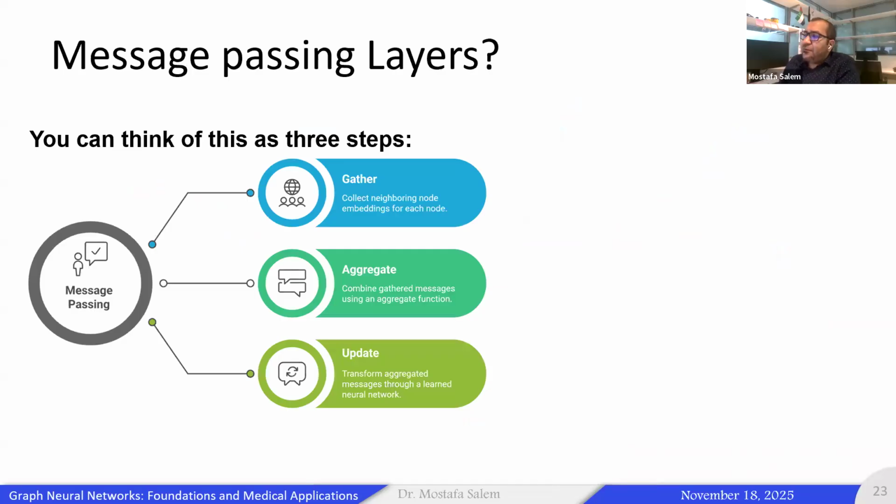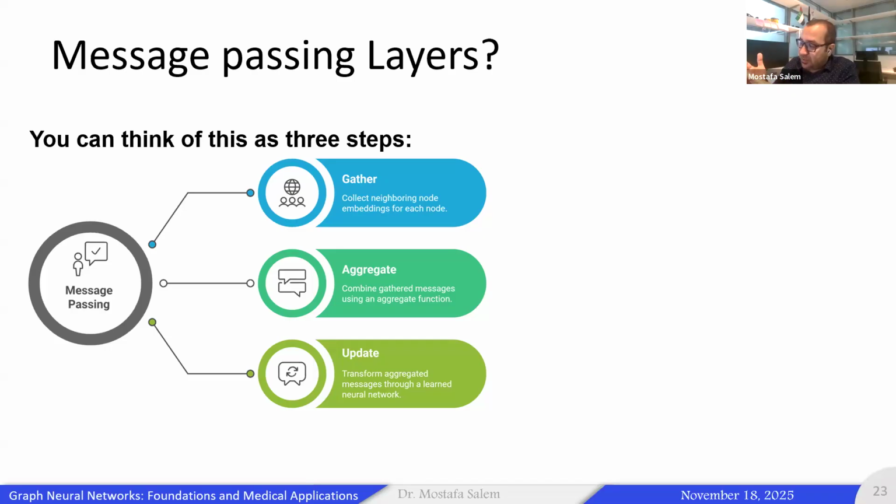So you can think of a message passing layer as three steps. First, gather. Each node will collect its neighbor nodes' information. Then aggregate. Each node will combine the gathered information from its neighbors. And third is the update. Each node will update its embedding according to its own embedding and the aggregated messages from its neighbors.